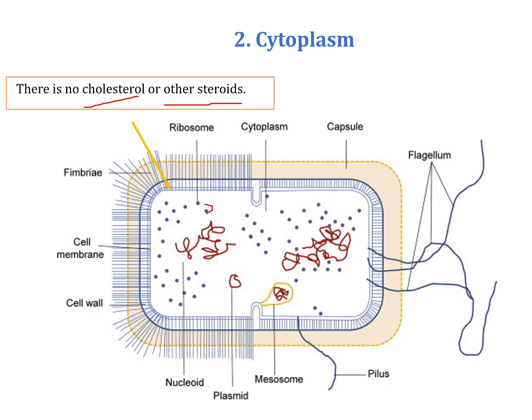Why does it appear granular? Because it has 20,000 of the 70S type of ribosomes. That's why it appears like granules. Ribosomes may occur singly or in clusters. If they are in clustered form, we call them polyribosomes.